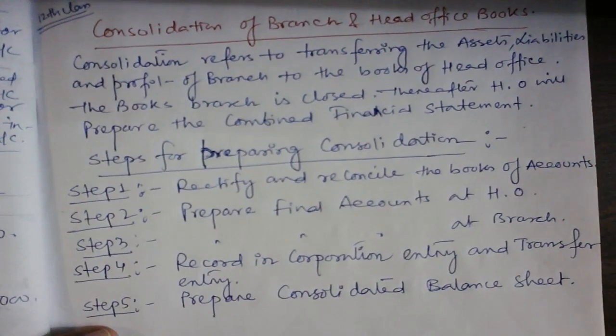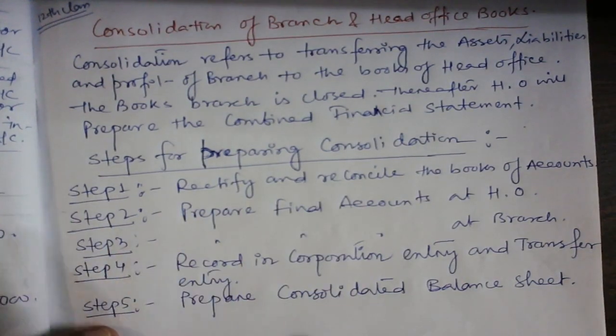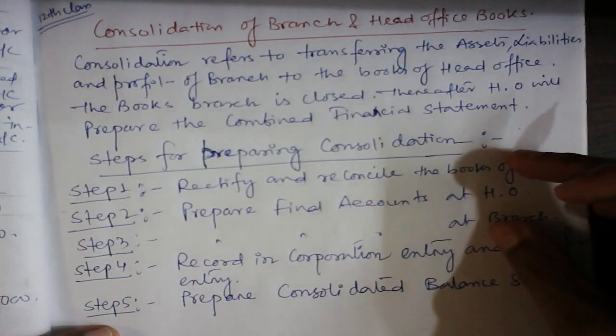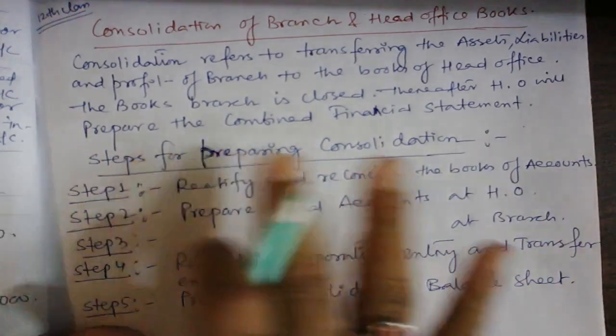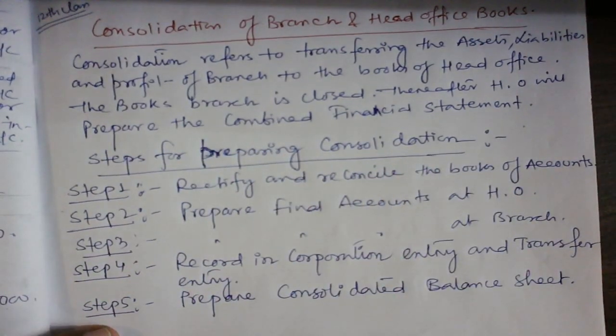Step 1 is to rectify and reconcile the books of accounts, then prepare the final accounts at HO, and prepare the final accounts at branch. Until and unless we prepare the final accounts of both sets of books, we cannot identify how the transactions took place in both books.